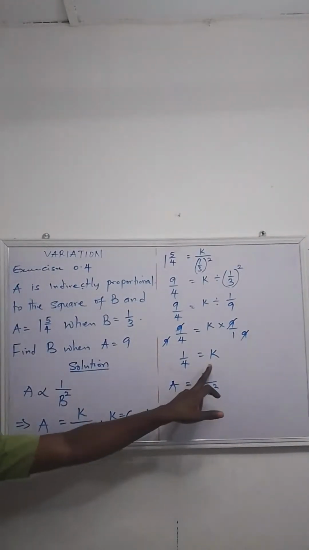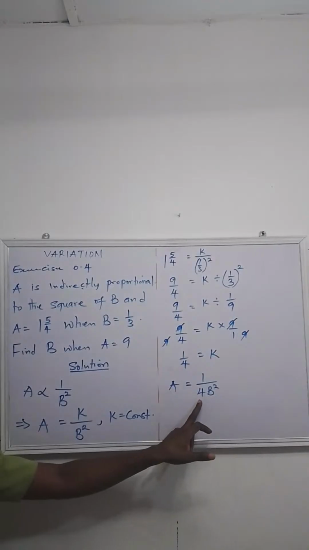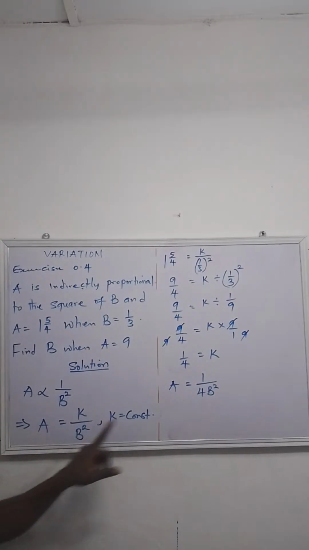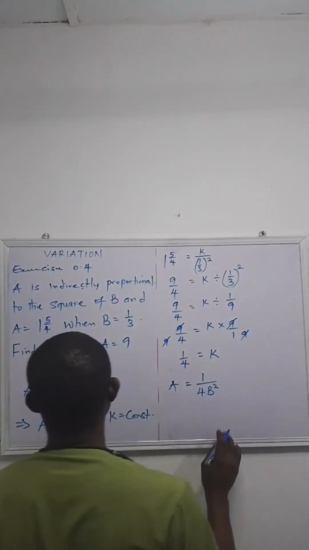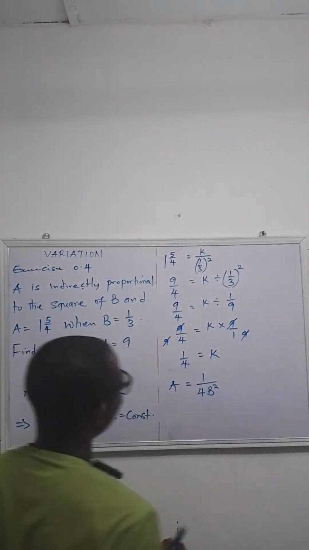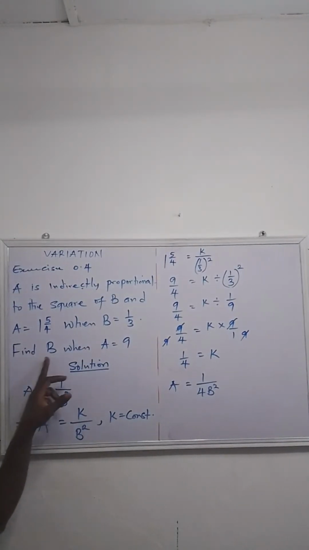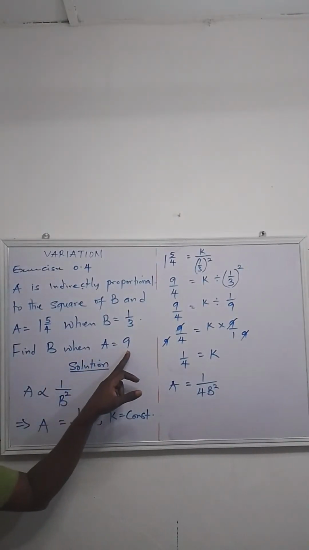Okay, so look at K here. You can see that 1 is at the top, 4 is at the denominator. That is one reason why when you substitute here, you make the 4 go down and 1 stays at the top. Okay, so this is the connecting formula. All right, so now let's look at what the question wants us to do. The question asks us to find B when A is 9.